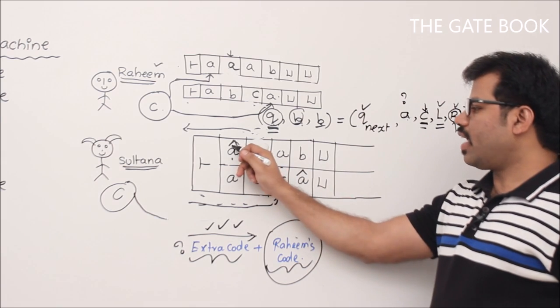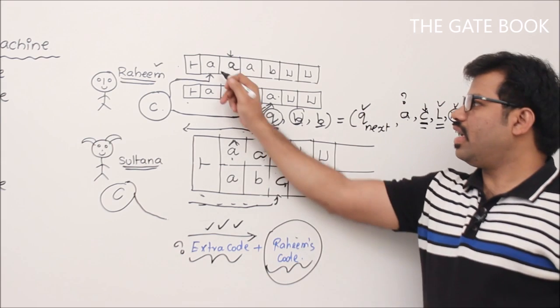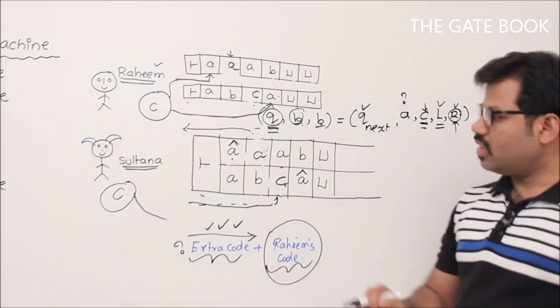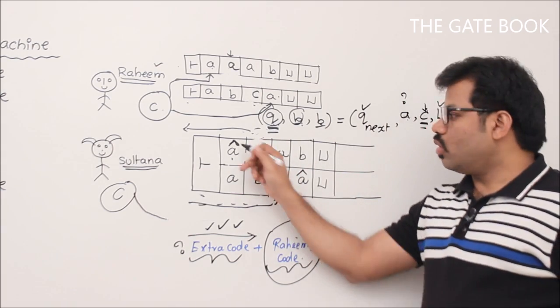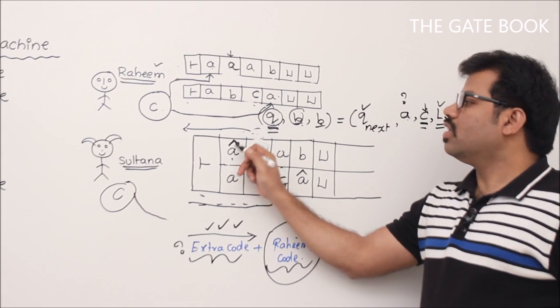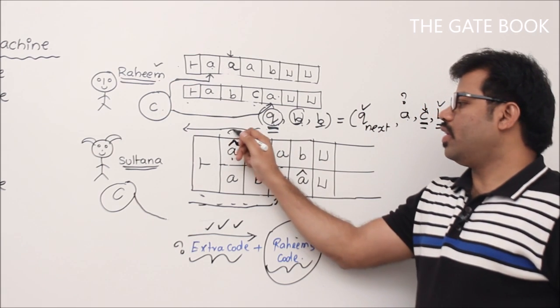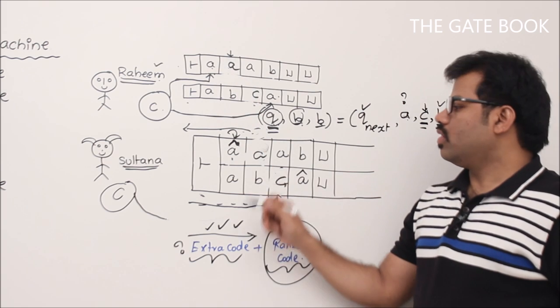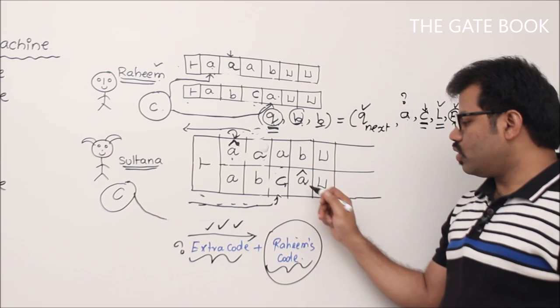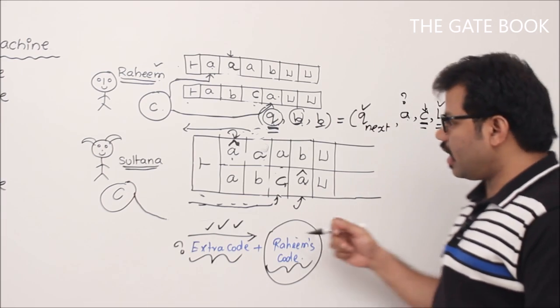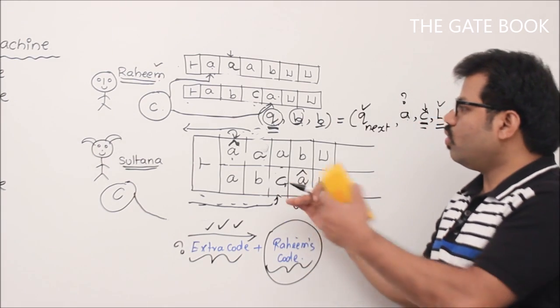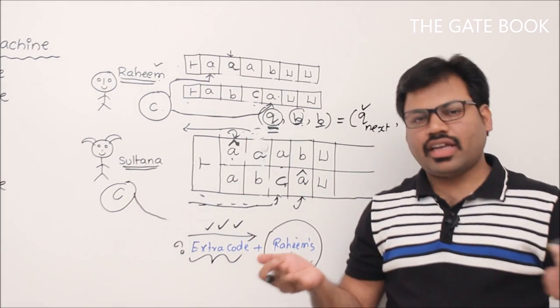Sir, but you have A cap, right? Actually, he had only A. Yes, I understand that, but this cap is specially designed so that it represents Rahim's first tape pointer, correct? Now this one is specially used to remember Rahim's second tape pointer, so that next time whenever I want to do exactly like Rahim, I can do it.